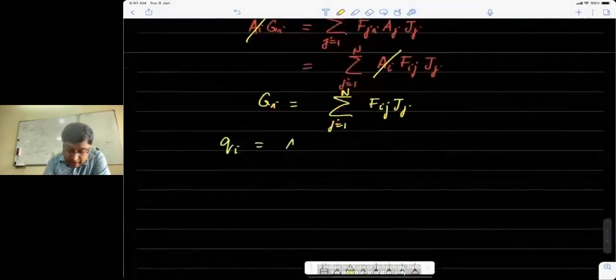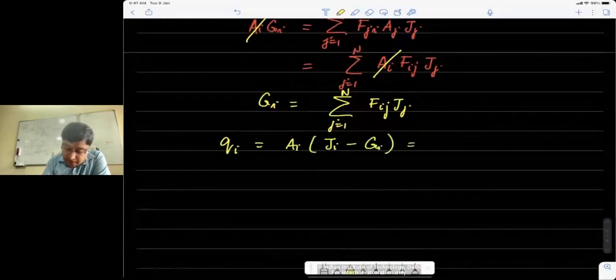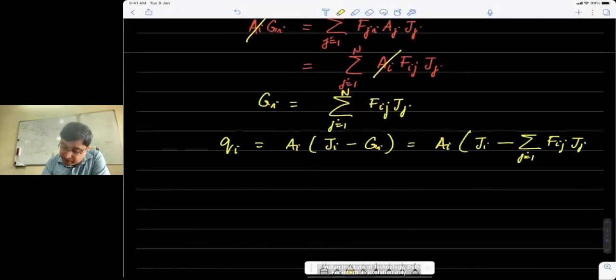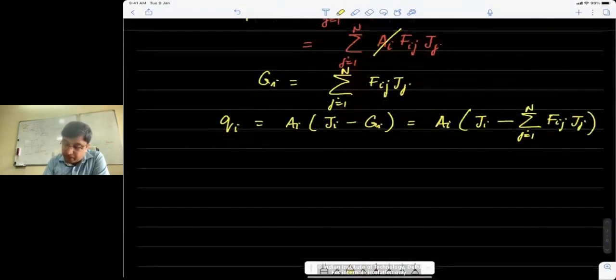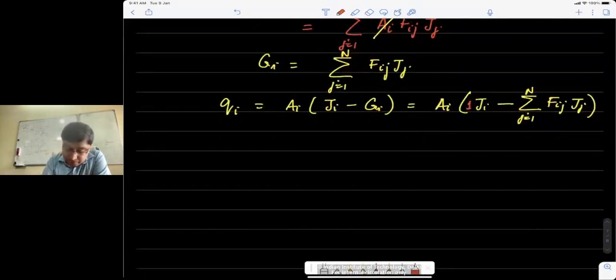So Qi was Ai times Ji minus Gi, which I can write as Ai times Ji minus summation Fij Jj. Now I also notice that there's a coefficient of 1 here in front of Ji. So I can replace that 1 with summation Fij, because summation Fij is 1.